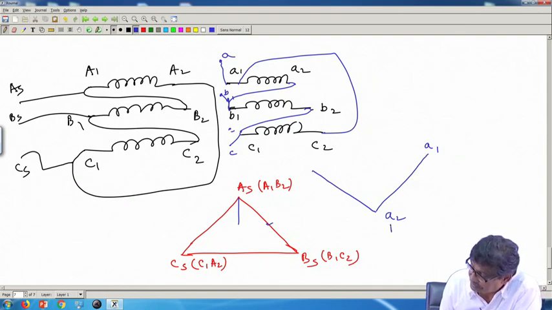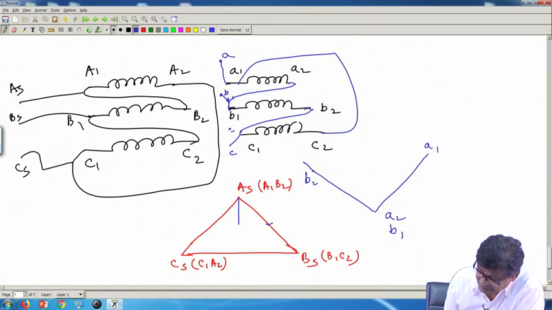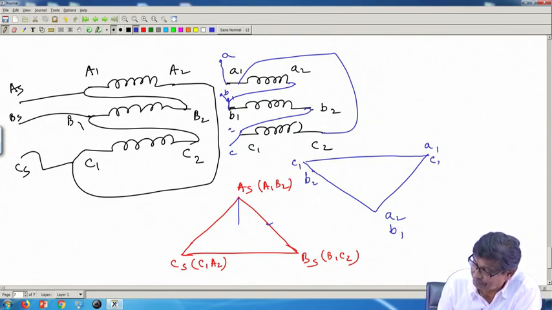So, it will be like this B1 B2 and finally, C1 C2 like this and C1 is connected to B2. So, it will be like this. Now, it is correct C1 C2, got the point?